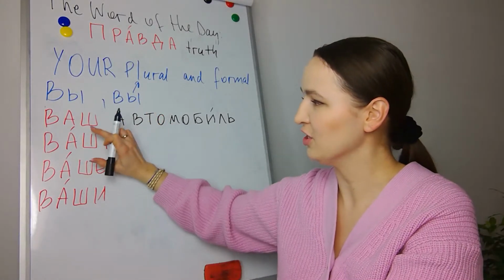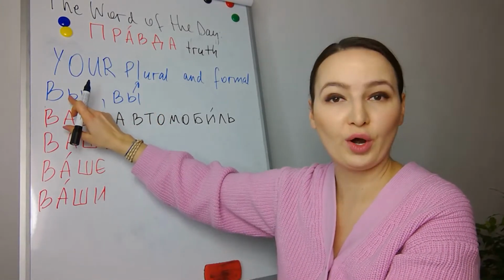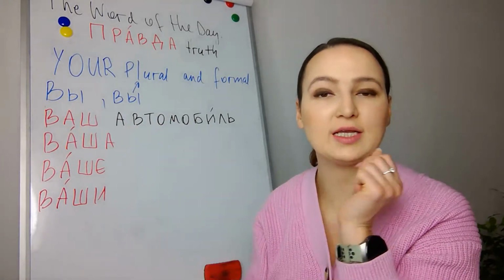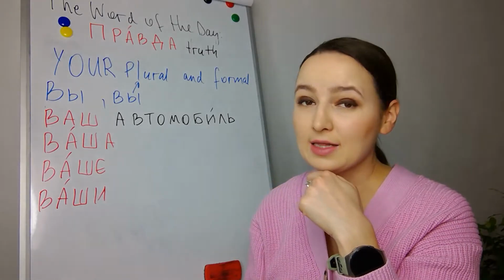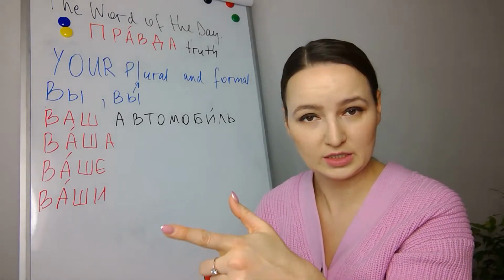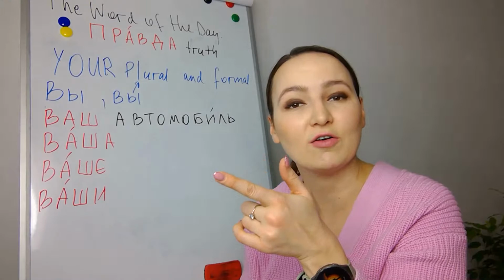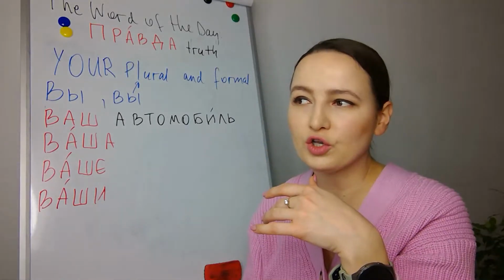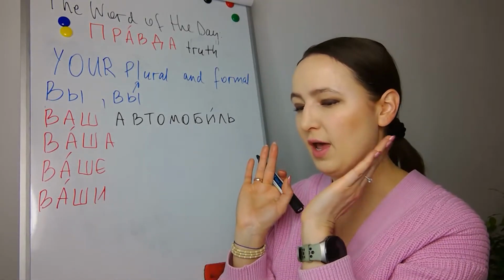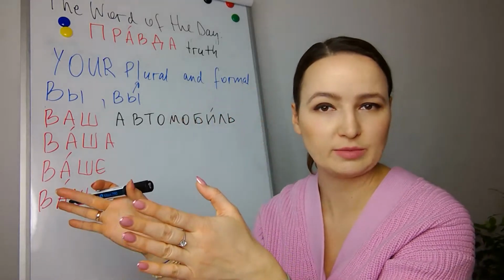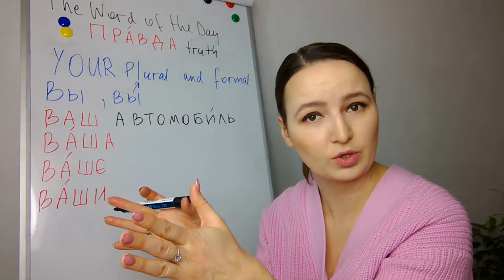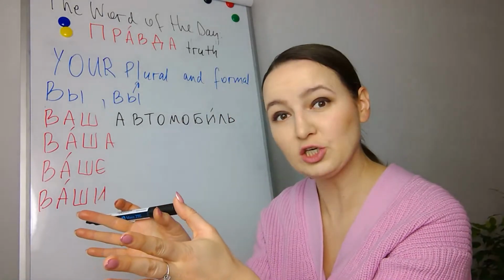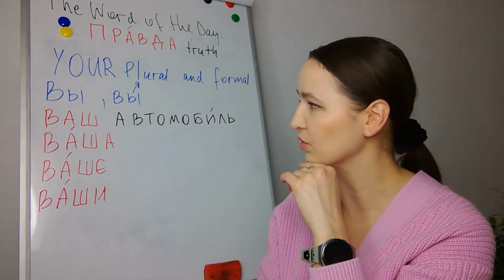Your car. Ваш, your, formal. For example, when you talk to your boss. Это ваш автомобиль? Is this your car? Or you talk with the wife and the husband and you ask them, это ваш автомобиль? You ask them in plural.